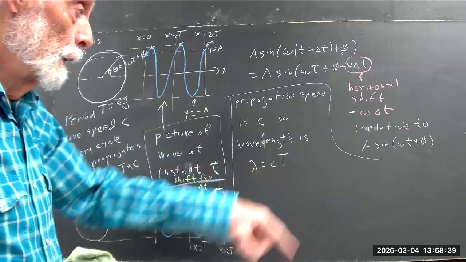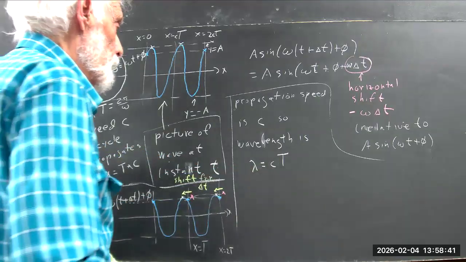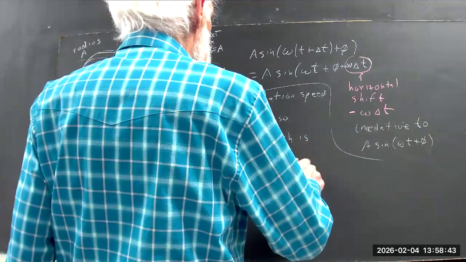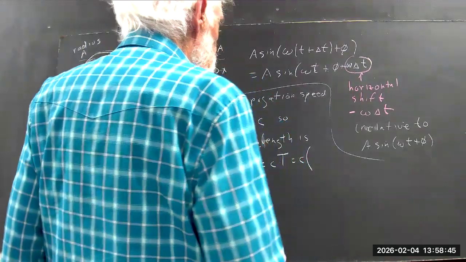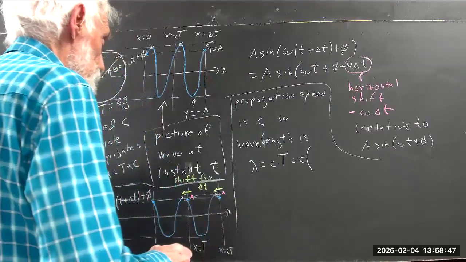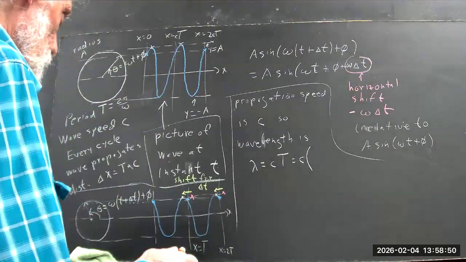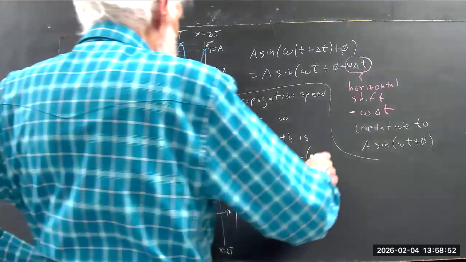Lambda equals c times big T. Big T is the period. And the period is 2 pi over omega.